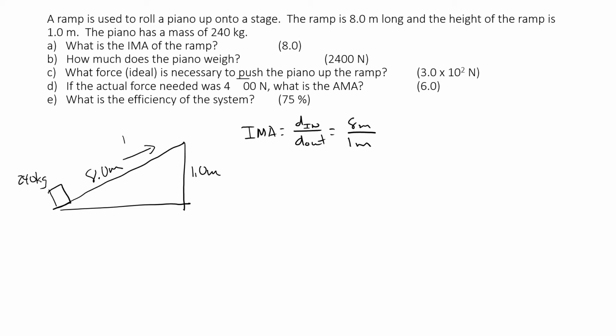This is the in right here on the ramp, and the 1 meter is the height of the ramp. This is the output side. What we put in is walking up the ramp. What we get out is we go from the ground to that height there. So we have 8 meters over 1 meter. It means we should get a benefit of 8 by using this machine if no energy is lost.